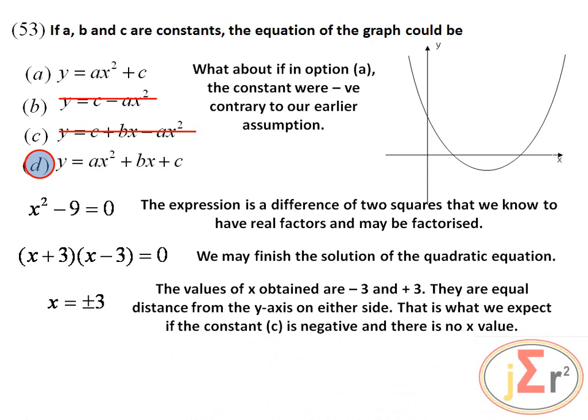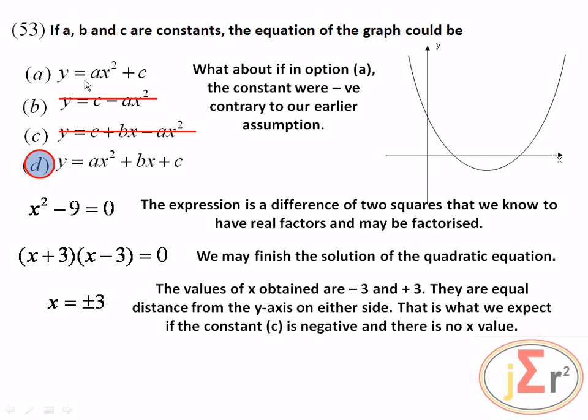They are equal distance from the y-axis on either side. That is what we expect if the constant c is negative and there is no x value. Like in this particular case, c is negative and we do not have any bx.